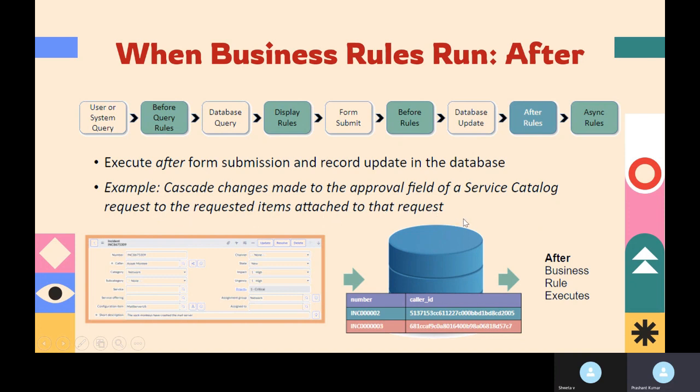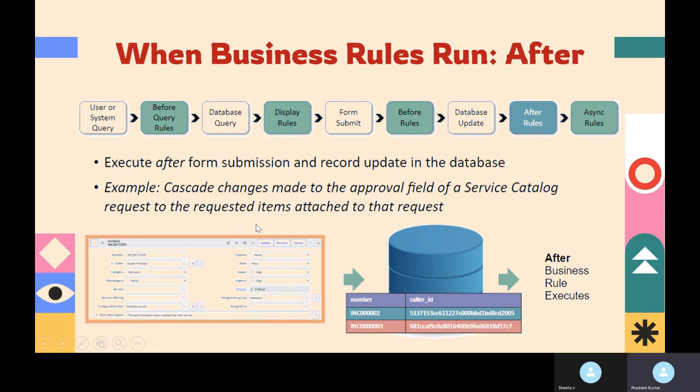So suppose we have made some changes on the approval field of a request form, and now the same kind of update is sent to the requested item attached to that request. So at that point of time, we would be executing after business rule.